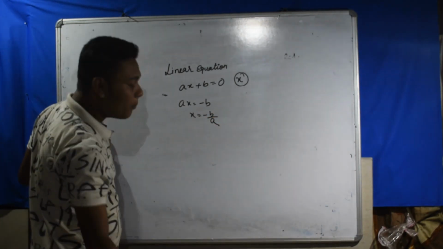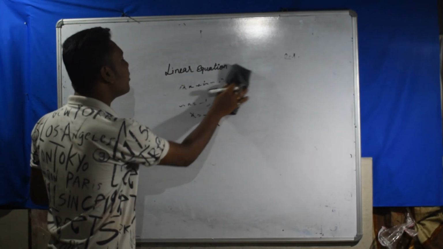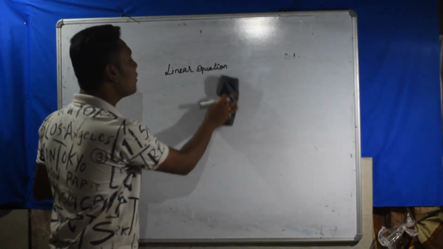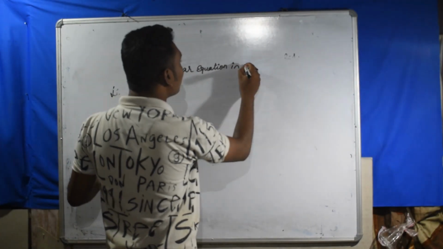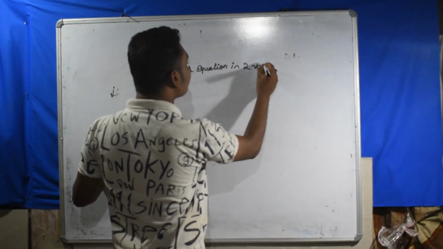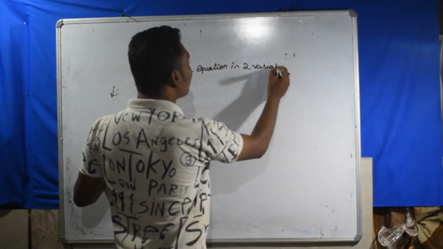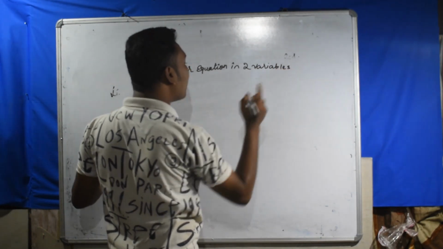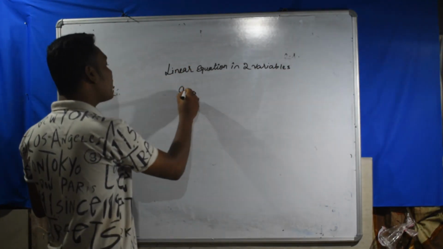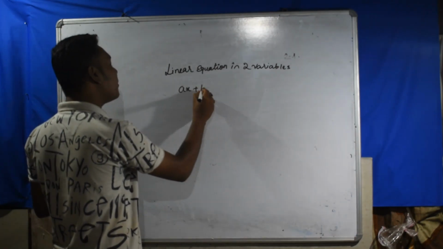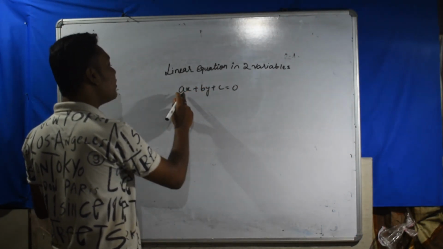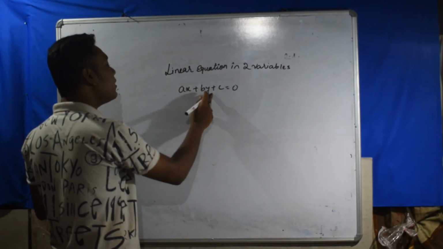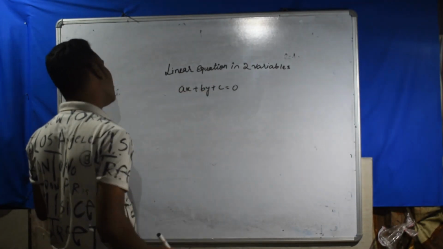But in a linear equation in two variables, we need to find the values of two variables. So ax plus by plus c is equal to 0. Here a is the coefficient of x, b is the coefficient of y, c is the constant term.